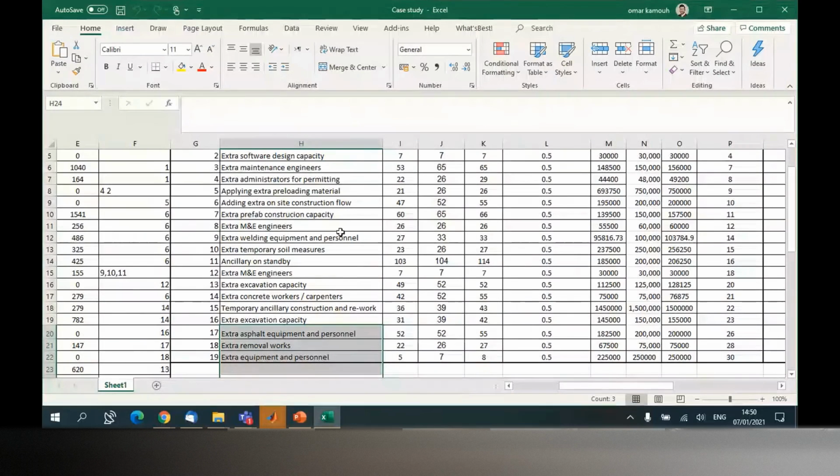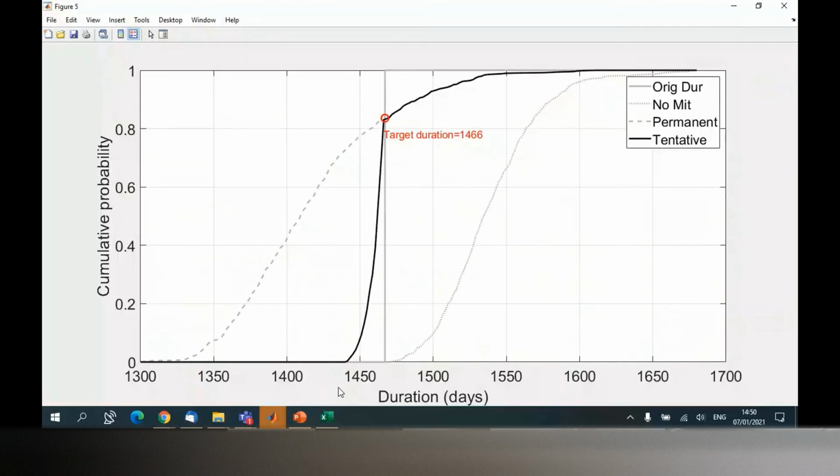So one solution is to increase the mitigation measures that you have. Or by reducing the variability of each activity? Yeah, but that's something you don't have control over. The variability of activity is something you get from the past. For example, usually when you build, I don't know, a floor in a building, it usually takes like 10 days, but maybe sometimes 6 days, sometimes 13 days.